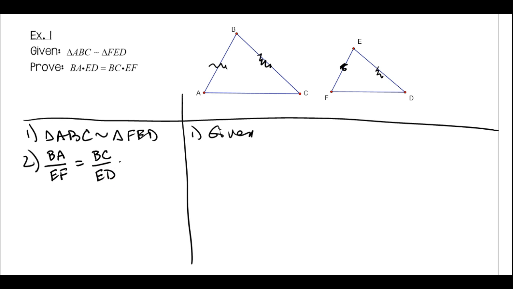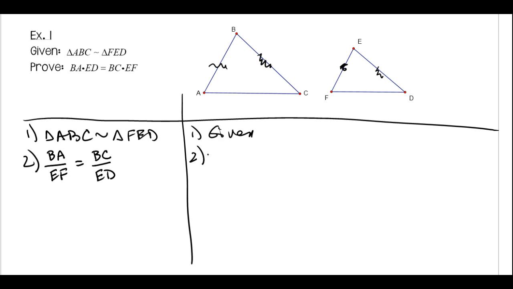So notice how on the top I have sides from the triangle on the left, and on the bottom I have sides from the triangle on the right. So I go side on the left over side on the right equals side on the right over side on the left. Now there's lots of other ways that you could write this. You just need to make sure that it's in a corresponding manner.